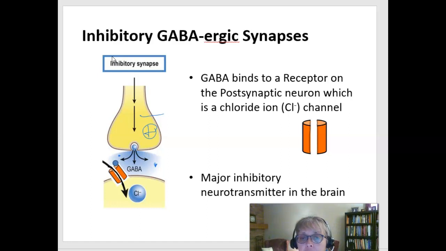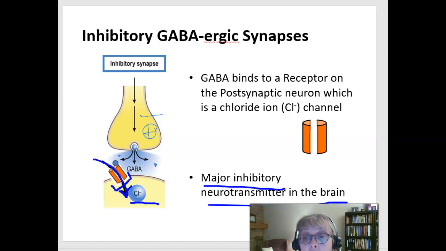Now the receptor on the postsynaptic neuron is specific for chloride, which moves from the outside of the cell to the inside, down its concentration gradient. The major inhibitory neurons in our cortex are GABA-ergic, and they help suppress our limbic system. And there are other things that they work on too.